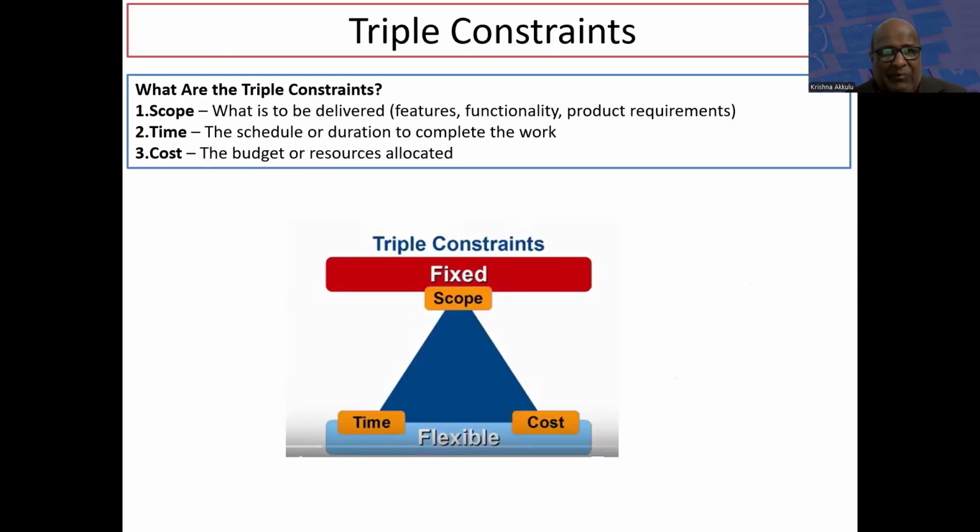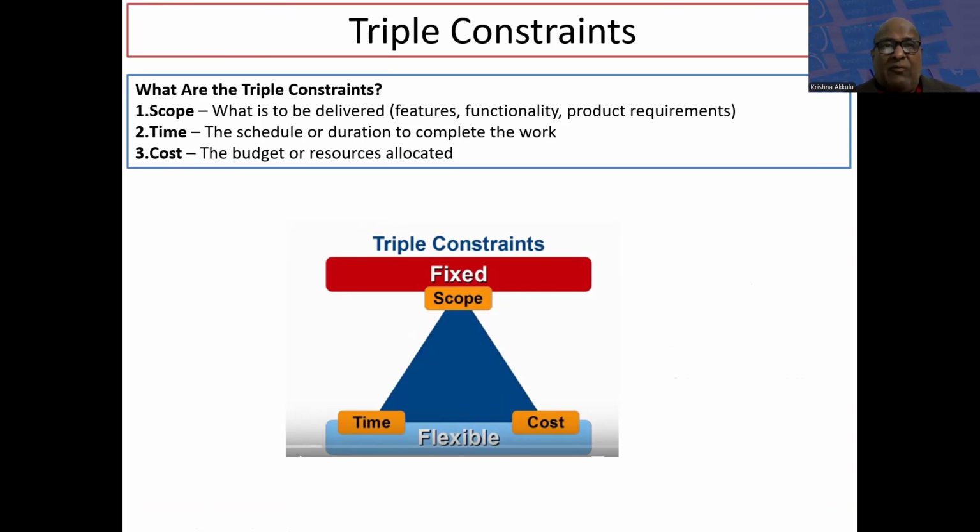So in project management, we talk about the triple constraints, majorly three items: scope, time, and cost. Here, we can see what we have been talking about in waterfall. Once the requirements are frozen, if there are any important changes you want to make, scope change is not allowed. That means the scope is fixed. But let us say I wanted to deliver 100 items in 1 year, and the problem is we are not able to deliver.